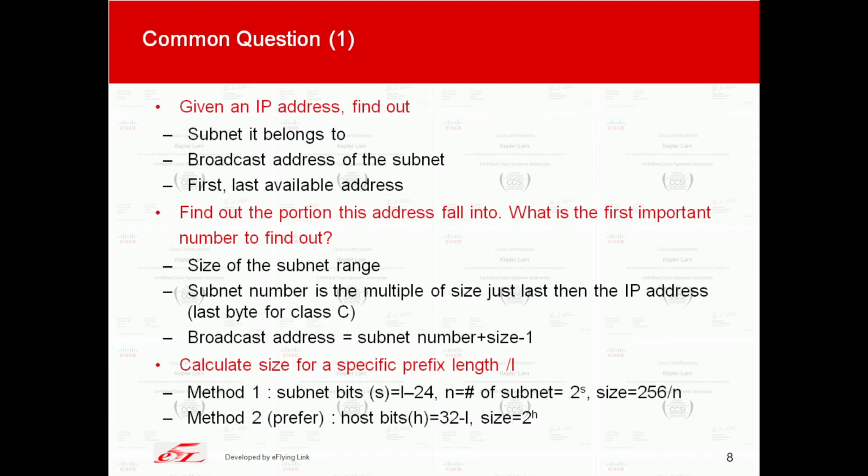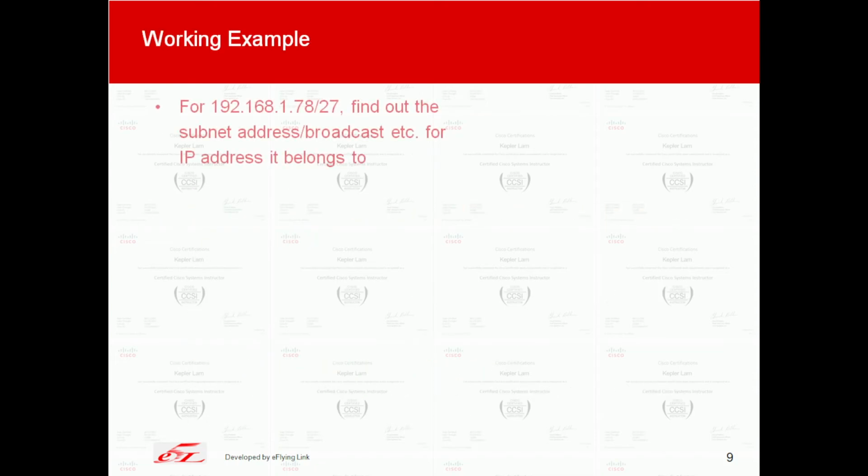Then what is the number of host bits? Very simple. You just use 32 minus the prefix length, right? Then you get the number of host bits. I will give you a detailed example in the coming slide. For IP address 192.168.1.70/27, you need to find out the subnet this IP address belongs to, the broadcast, first and last available address of the corresponding subnet.